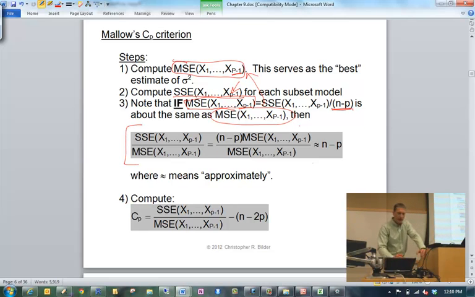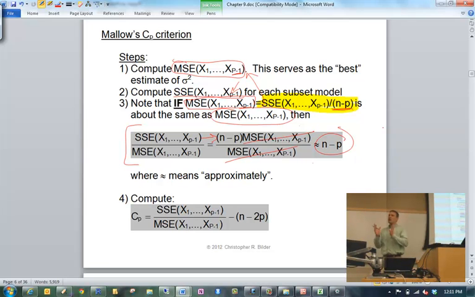Take the ratio of the SSE and the MSE. Plug in what SSE would be using this expression. Look what happens. These will basically cancel out if they are similar. And look what you're going to be left with, n minus p.